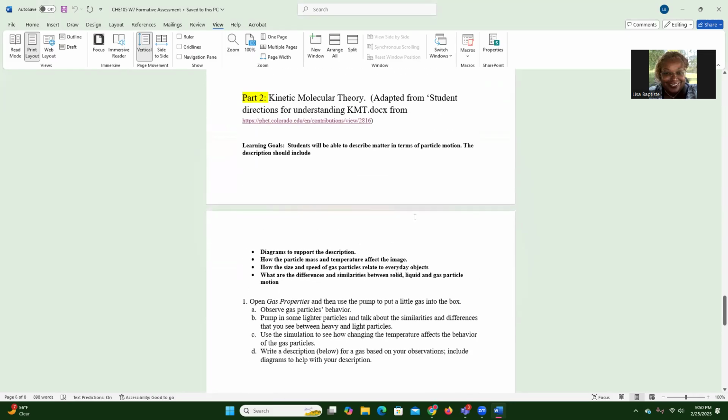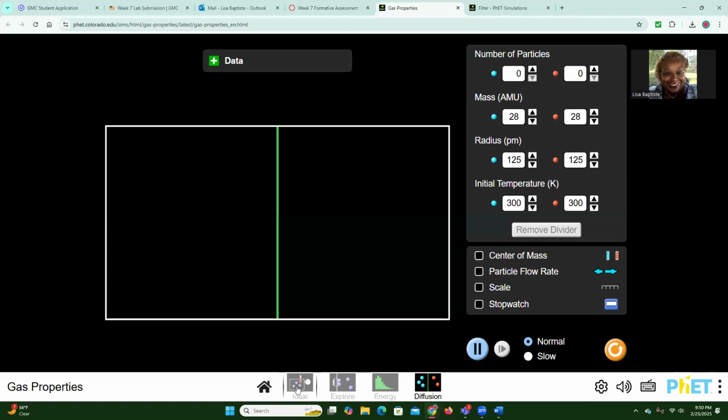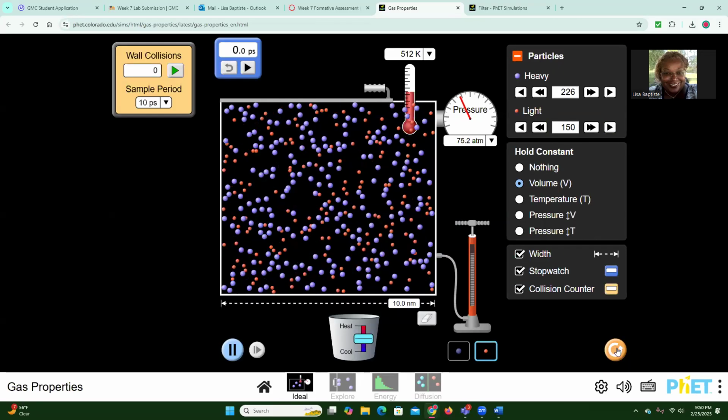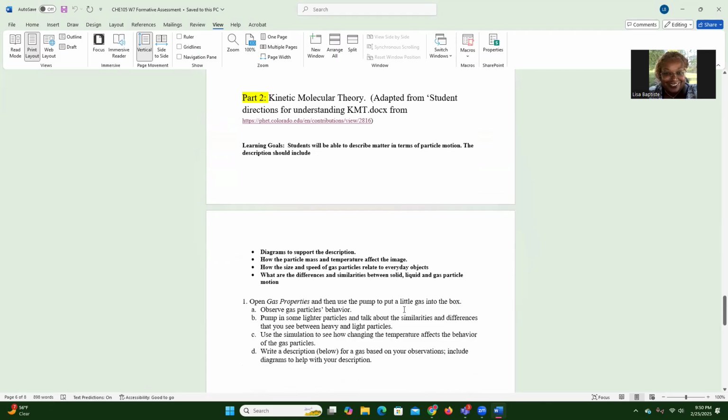Okay, so what we're going to do is, based on the questions, you can use that same simulator. Let me make sure. Okay, let me restart. Oh, this button right here, this orange button, that resets it. All right, so we're going to look back at the description. Okay, so you're going to open the gas properties, then use the pump to put a little gas into the box.